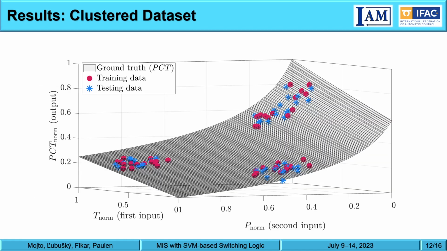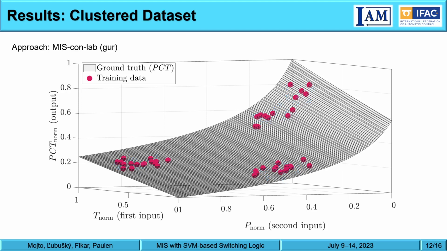Subsequently, we can visualize the design of the multimodal inferential sensor. For this purpose, we use the training dataset, and the considered method is the most accurate one, which is the multimodal inferential sensor with optimized data labeling provided by Gurobi.